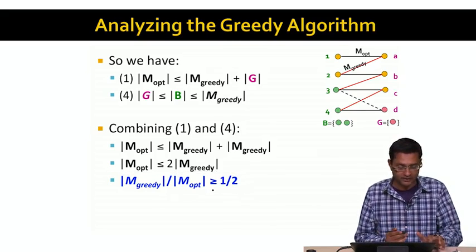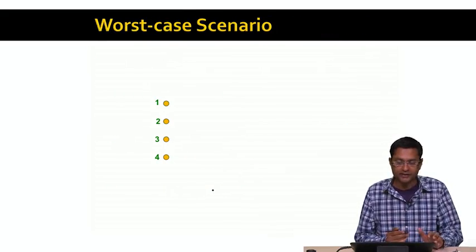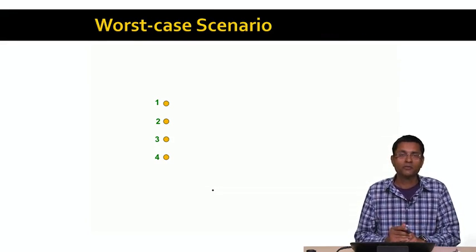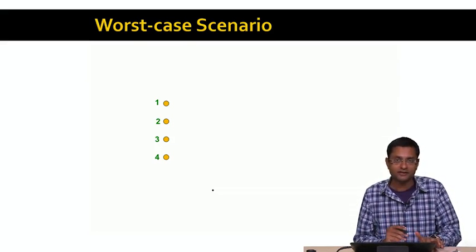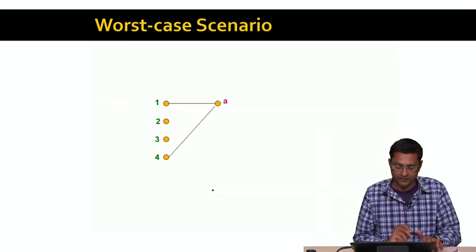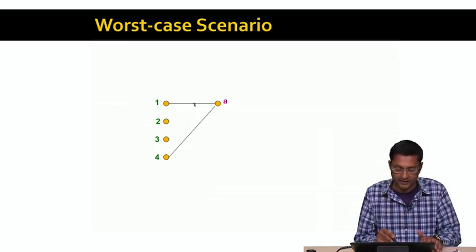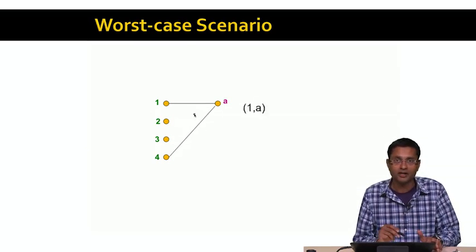Now, it turns out that we can actually create a worst case scenario where it performs half as well as optimal. So here's an example of a simple worst case scenario. Let's say a node girl A comes in, and the compatible boys are 1 and 4, and we output 1A.